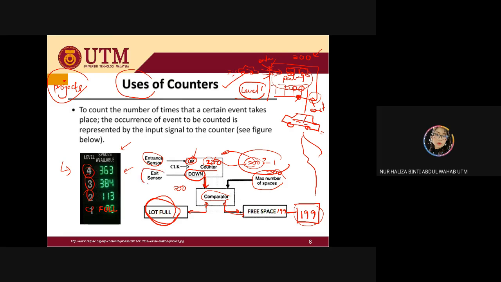It will detect at your exit counter, and it's going to count down, meaning let's say from 199, it's going to count down to 198. And let's compare this one in your comparator. Is it more, equal or less? Then you compare with your maximum number of space and you display it.